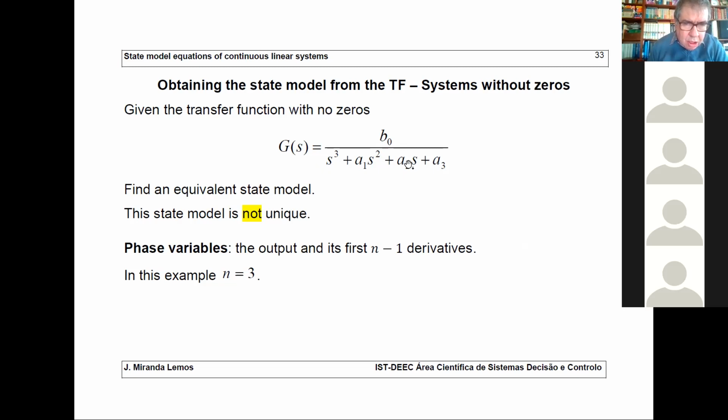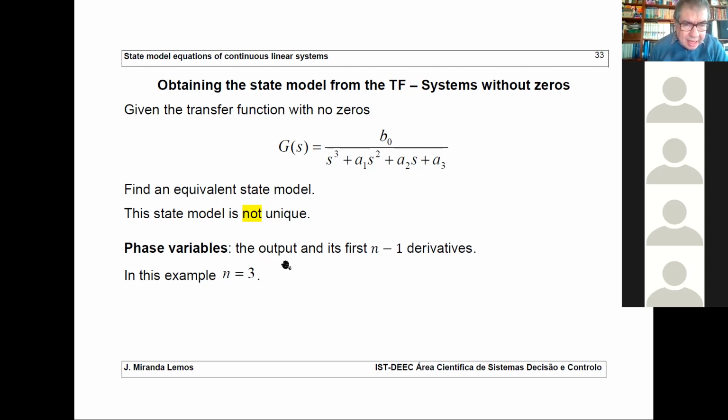And you can have what we call different state realizations. Okay, so let's start by considering systems without zeros. I have a constant that can be 1 or some constant in general. And I use what we call phase variables, variáveis de fase. This is inspired somehow by physics.